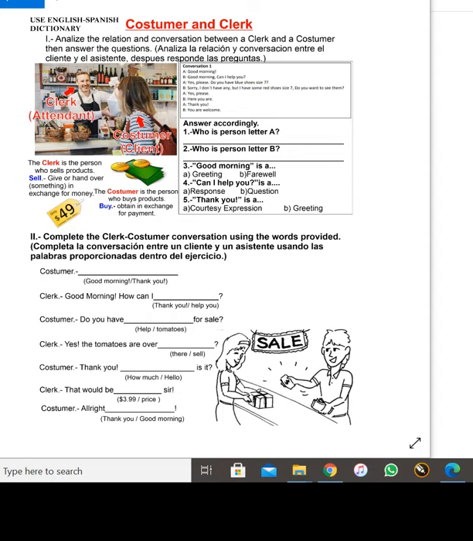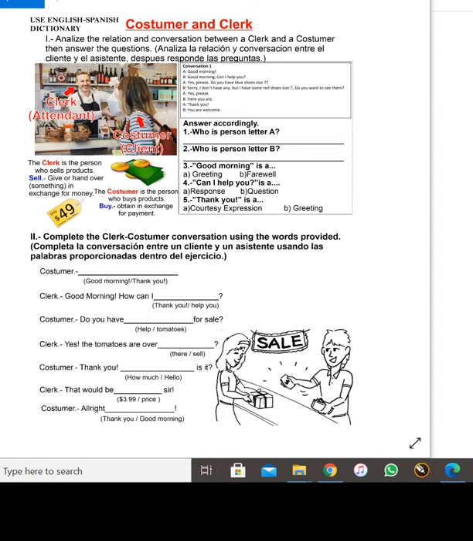Following up, it says customer. Do you have a? We have either help or tomatoes for sale. Since help is not a product and tomatoes are vegetables, meaning that the tomatoes are products. So, do you have help for sale? Do you sell help? That could be a service, but that is not for sale. You're looking for a product.